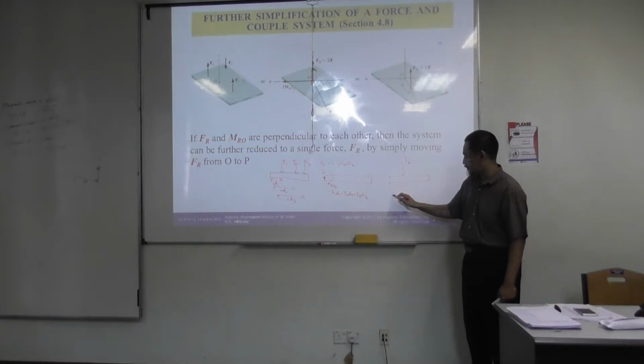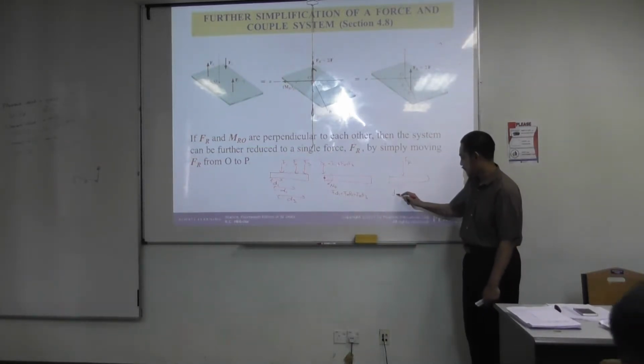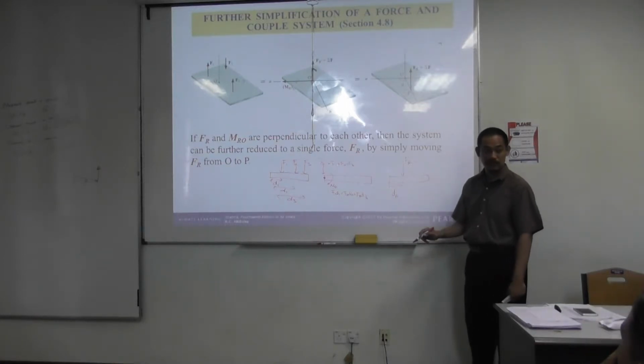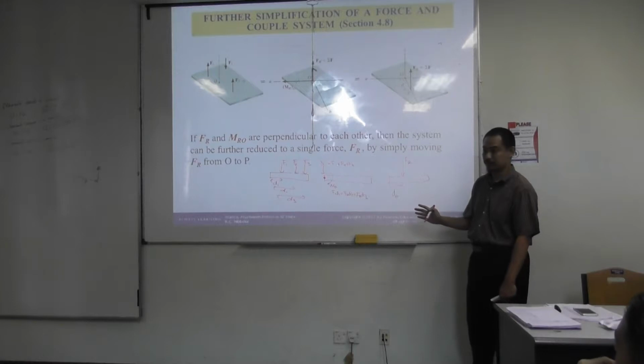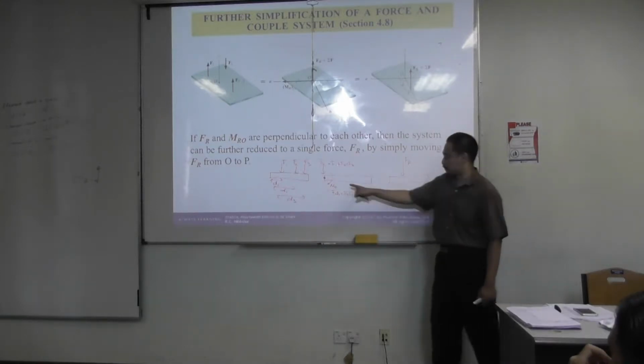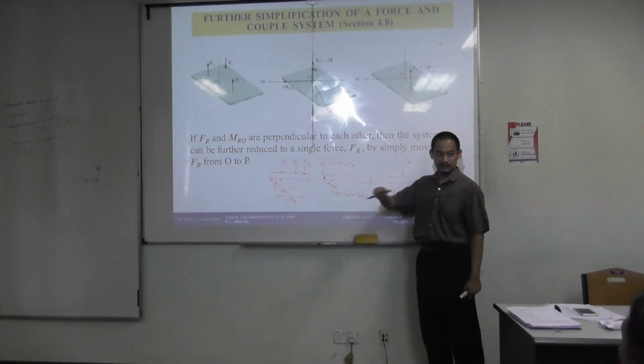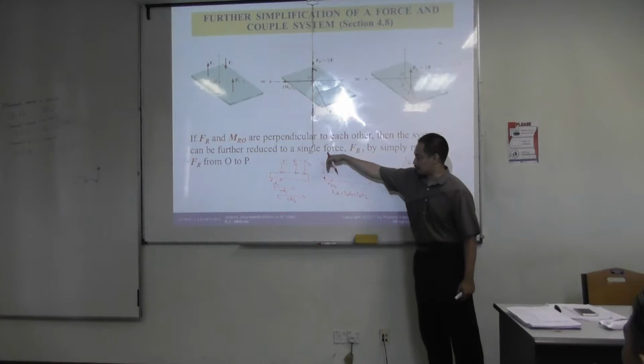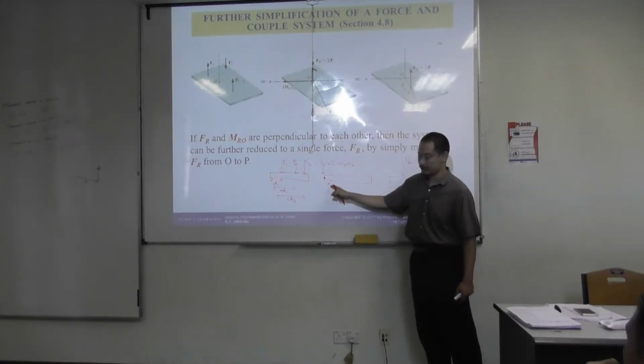Because for example this D, what is this? D, okay, this is for the R. How do you get this one? What's the concept? The effect should be the same. Meaning the moment produced by this distance should be equal to this. When the force is here, you have moment here.